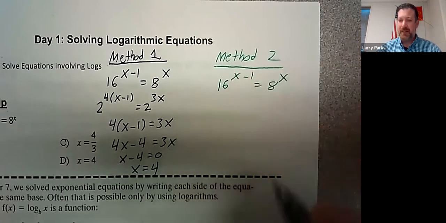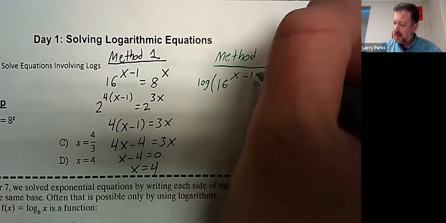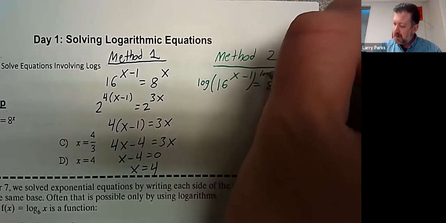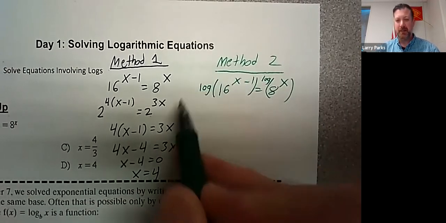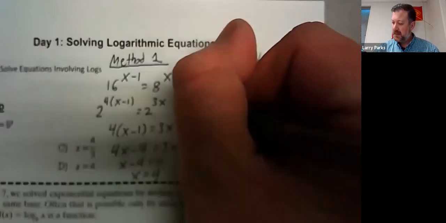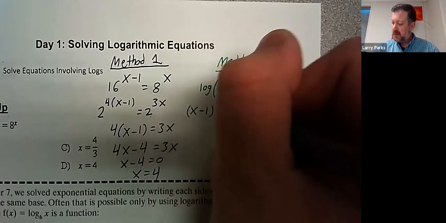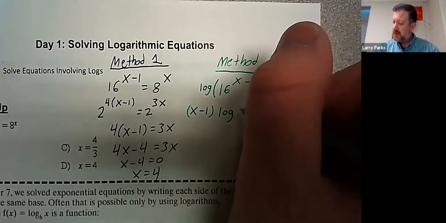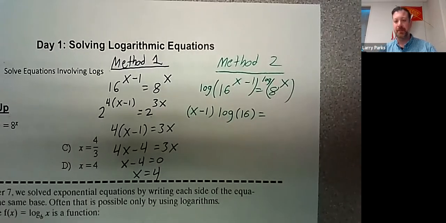So what I'm saying is if I take the log of both sides, then the exponent can come down in front of the log. Okay.